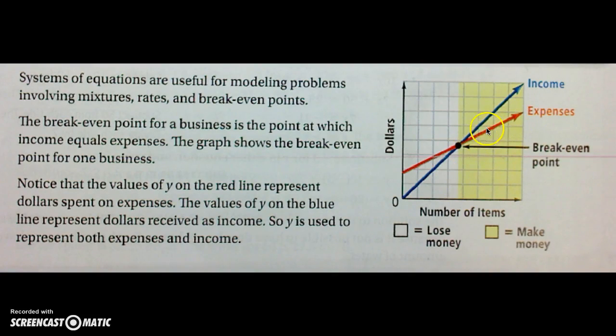And then we start selling soda, and here's how much money we're going to make. That line represents that. This point right here is the break-even point. That means we could pay for the soda that we bought, but we didn't make any money yet. Anything after this point is when we start making money.